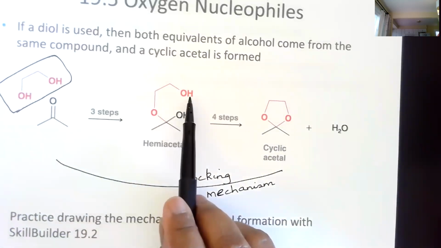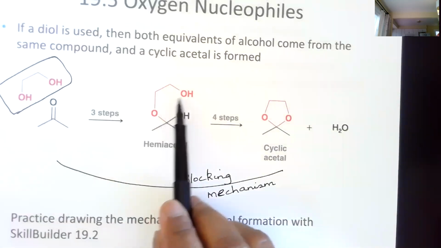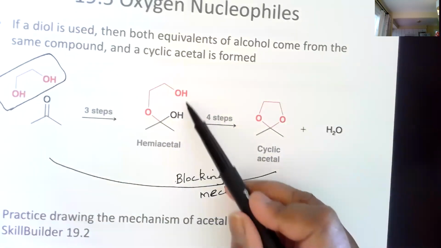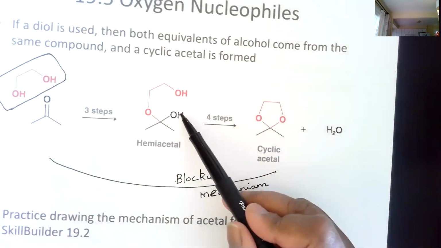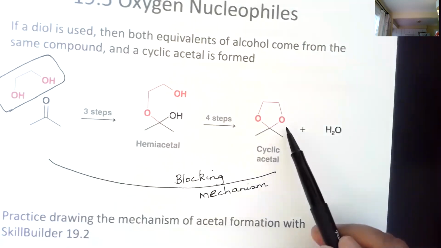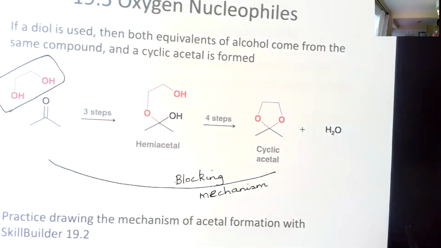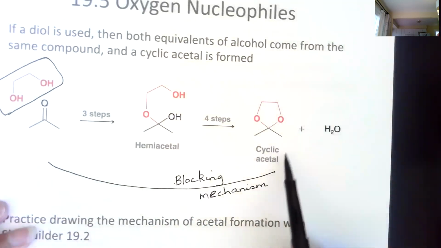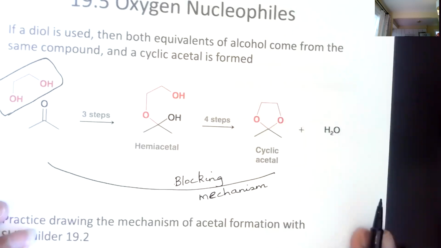This guy is going to tag along. Okay, he's like his Siamese twin. So he's going to be behind him. And then these two will combine to give you the cyclic acetyl. So the mechanism is the same, but ultimately you get a cyclic structure there.